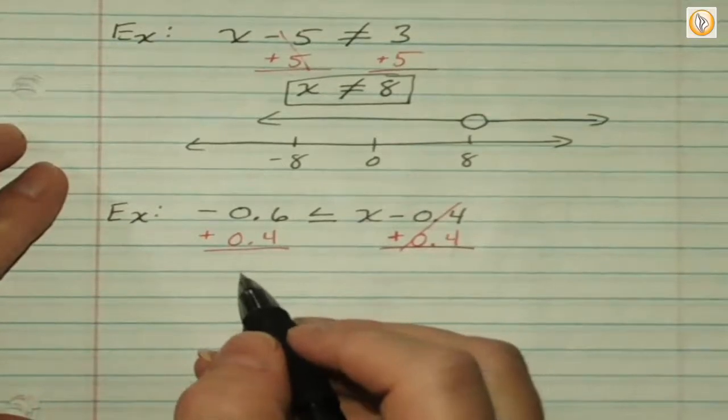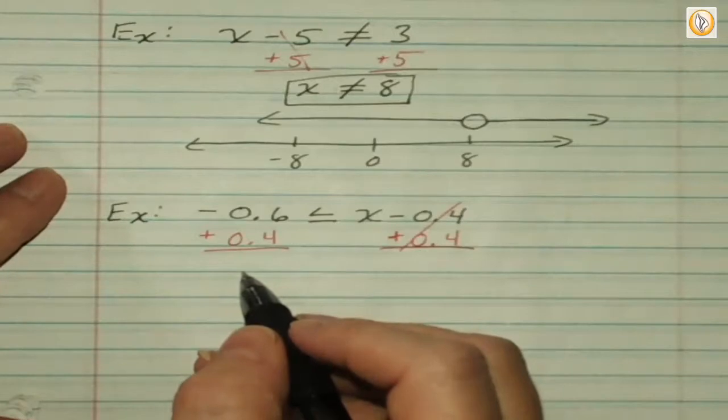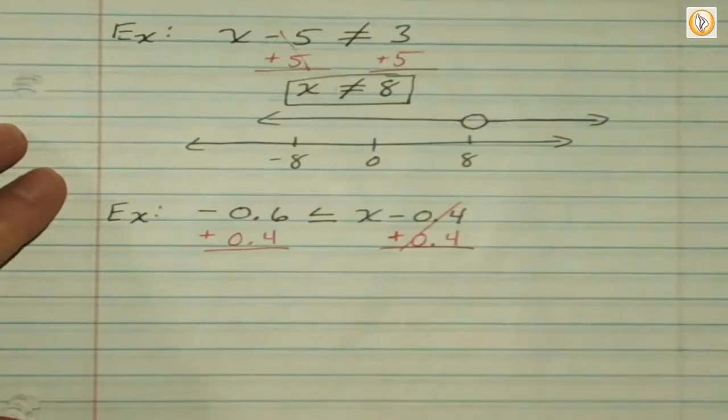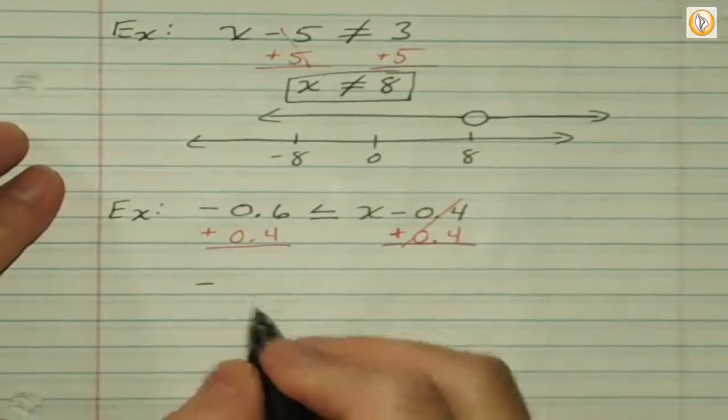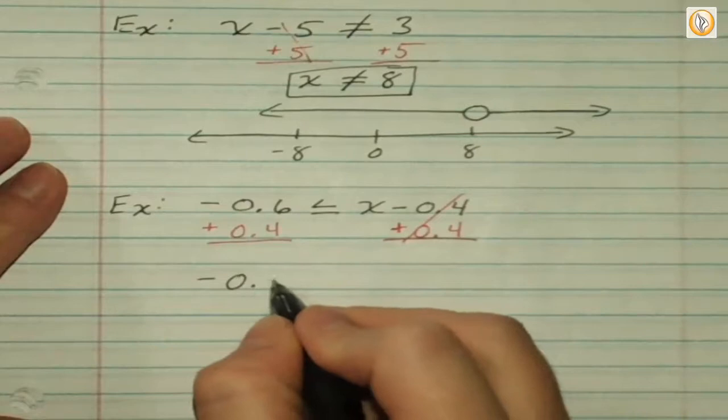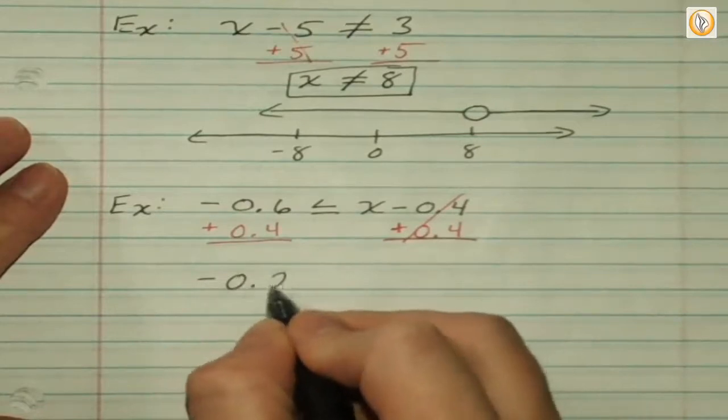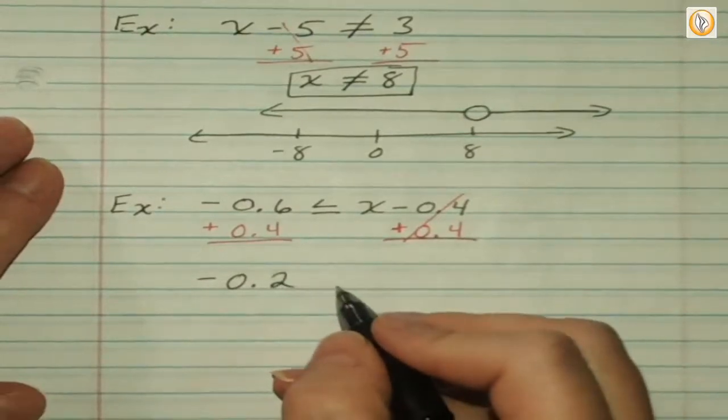Negative 0.6 plus 0.4 is negative 0.2. I figured if I stared at you long enough, you'd see it.